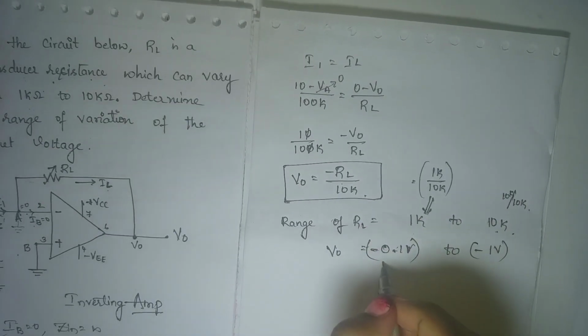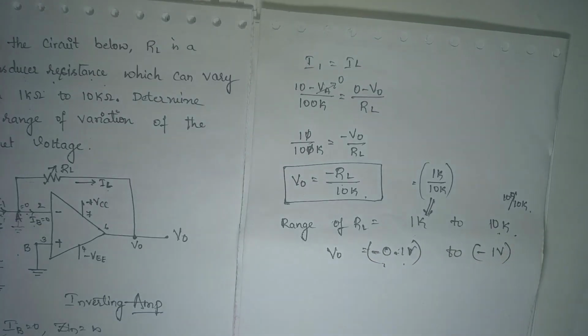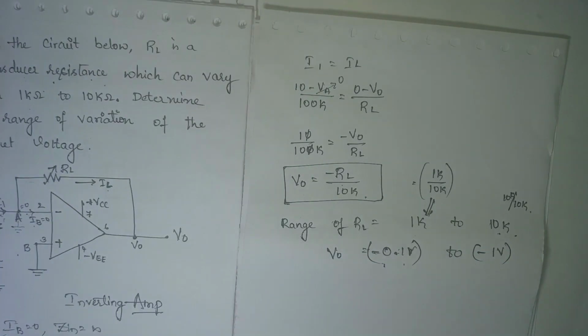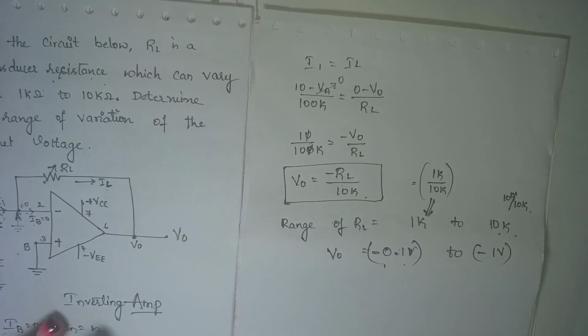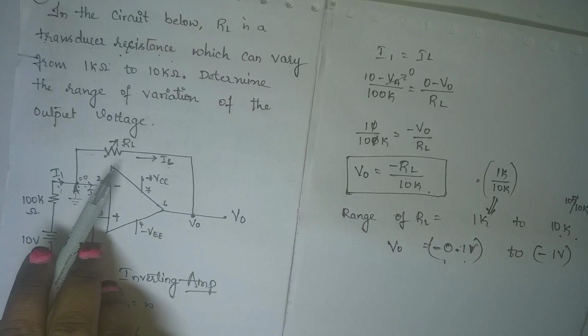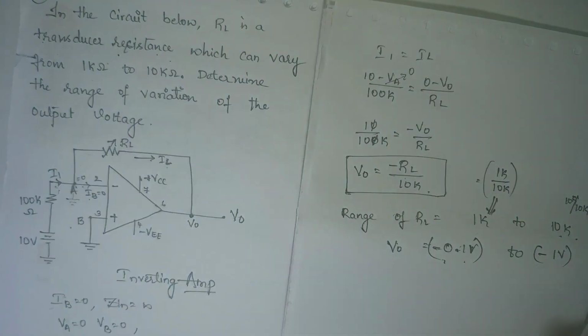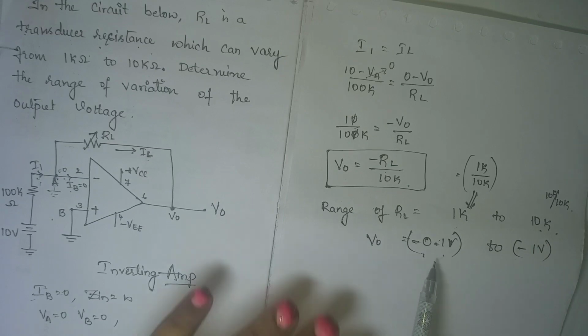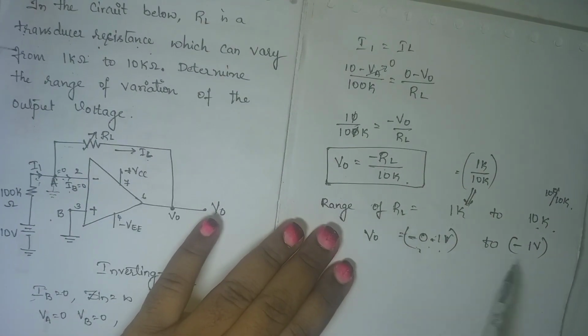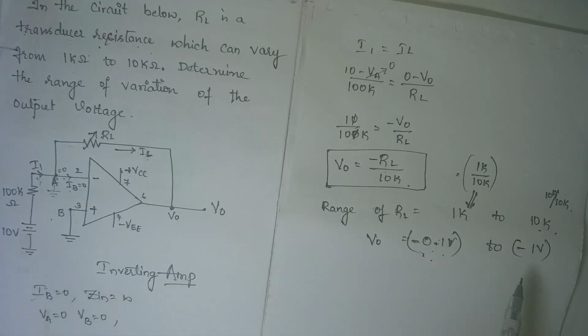So the voltage ranges from minus 0.1 volts to minus 1 volt. This is how you calculate the range of output voltage for a transducer. As the resistance varies from 1K to 10K, the output voltage varies from minus 0.1 volt to minus 1 volt.